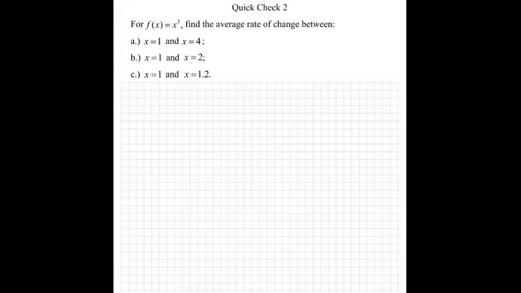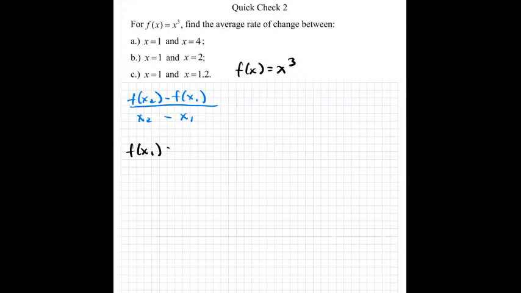Okay, so average rate of change again. Change in y, so f of x2 minus f of x1 over x2 minus x1. Our f of x in this case is x cubed. So then let's find f of x1.